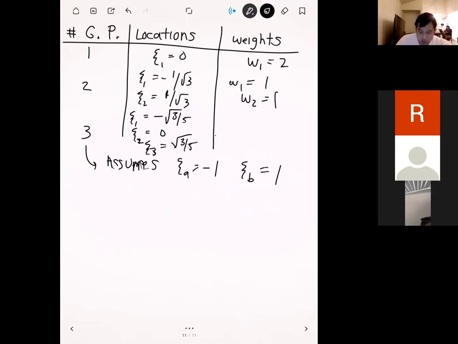We're going to have one Gauss point at -√(3/5), our second one at 0, and our third one at √(3/5). And our weights are going to be 5/9, 8/9, and 5/9.